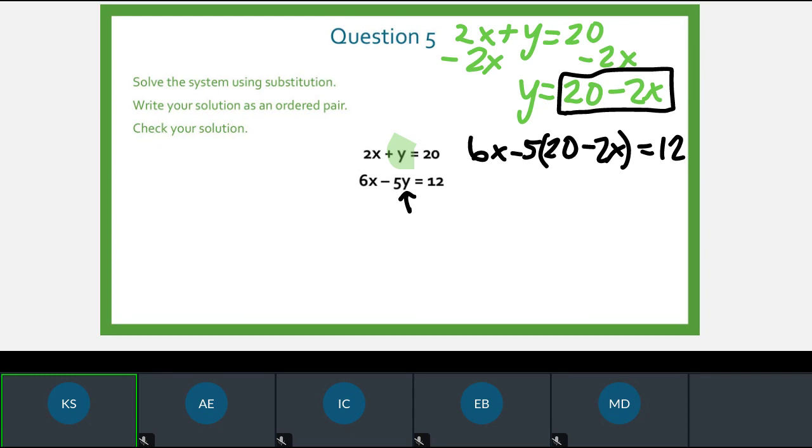Okay, Anna, so you're going to multiply negative 5 times 20 and negative 5 times negative 2x. Yes, you're right. Okay, Anna, what are you confused about?